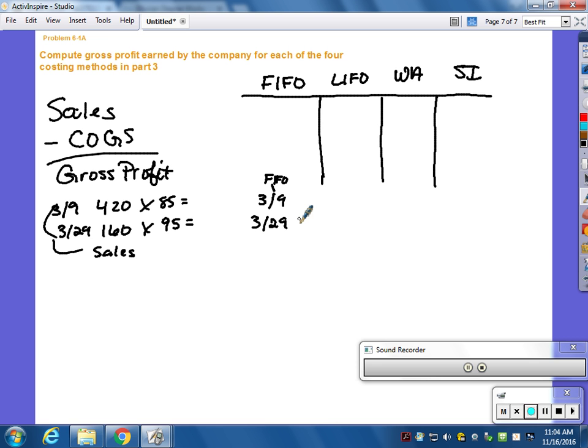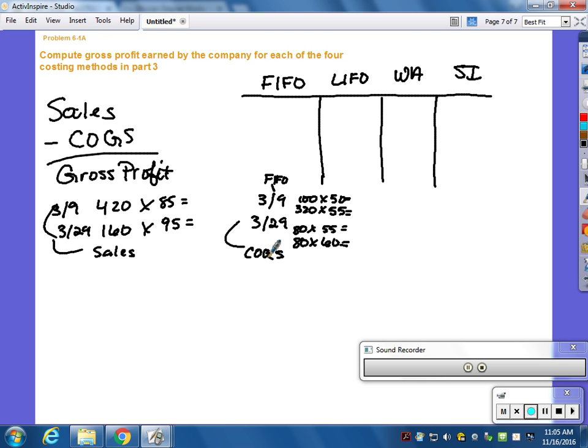On 3.9 you did 100 units at 50 and you did 320 units at 55. And then on 3.29 you did 80 at 55 and you also did 80 at 60. This is going to be your cost of goods. So these are the numbers that you need to figure out.